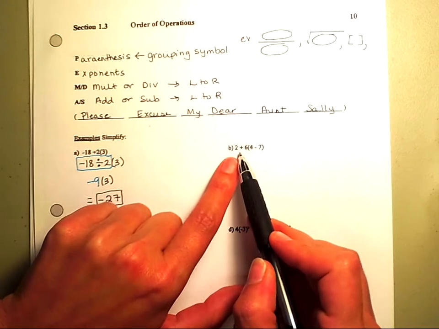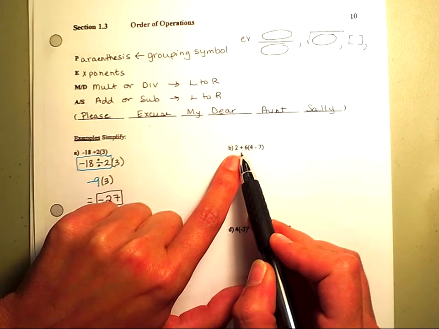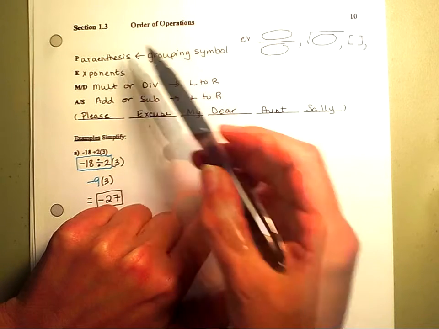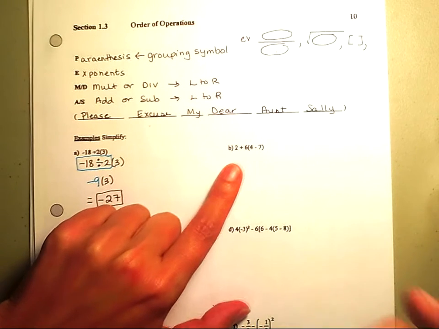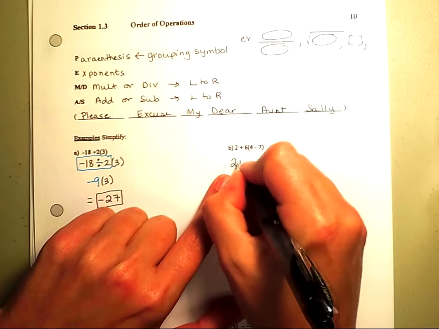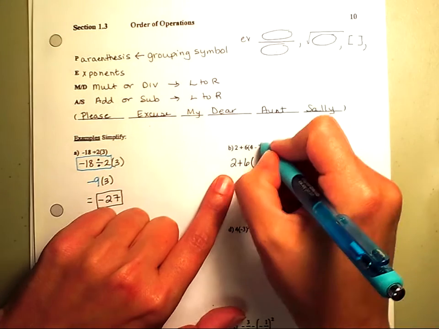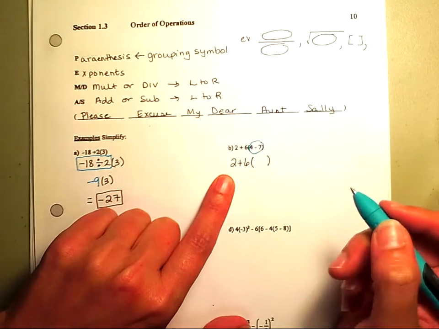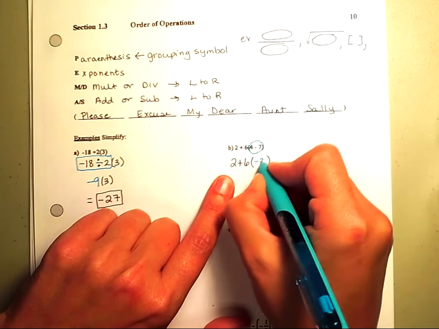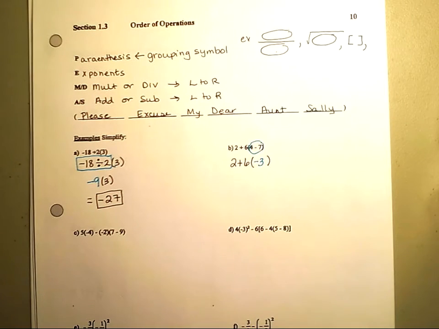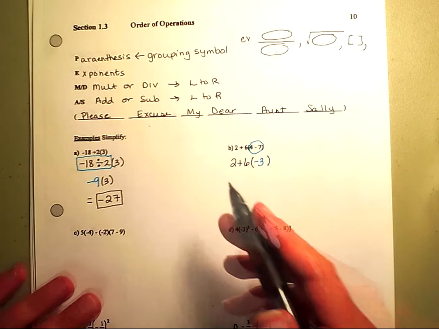Here, again, we're not going to start with the addition. We want to start with parentheses. So inside our parentheses, everything else will copy. 2 plus 6 times. And inside the parentheses, 4 minus 7 is negative 3. Then we begin again.